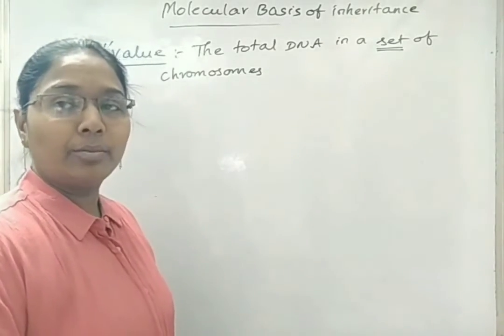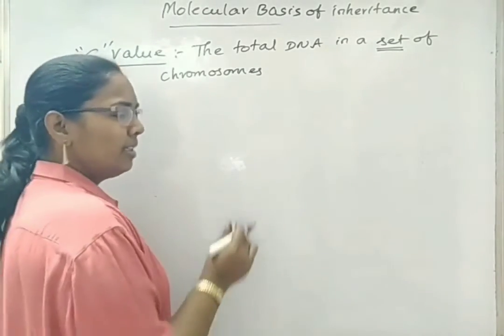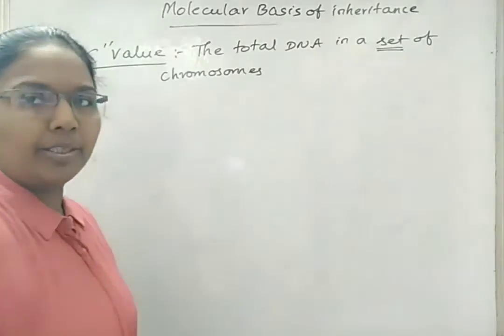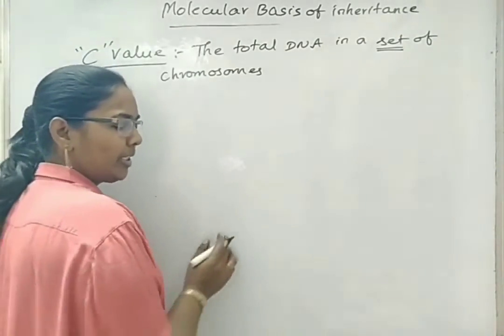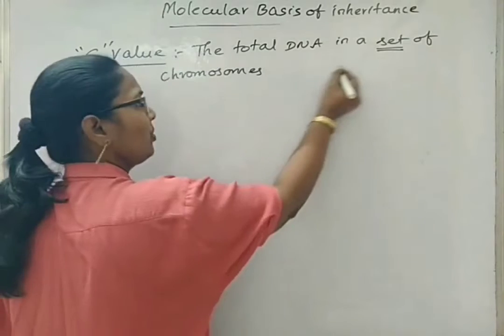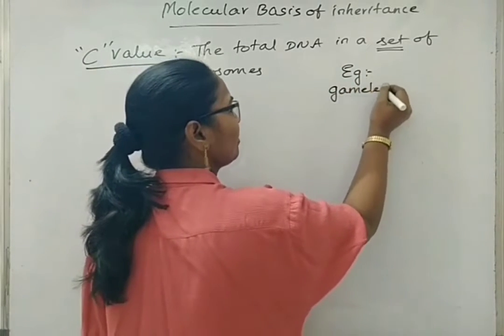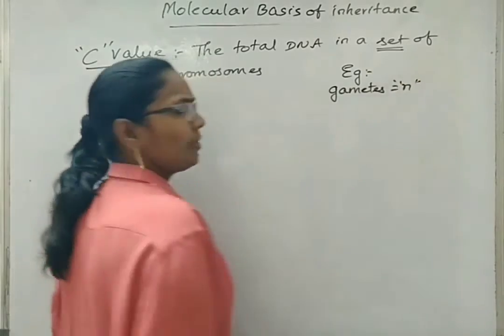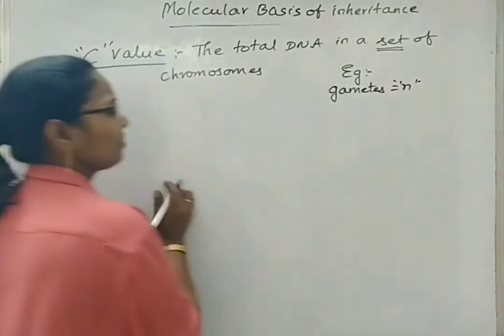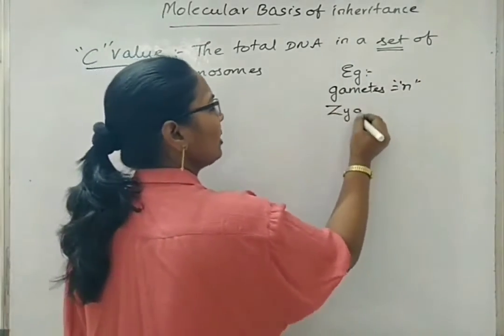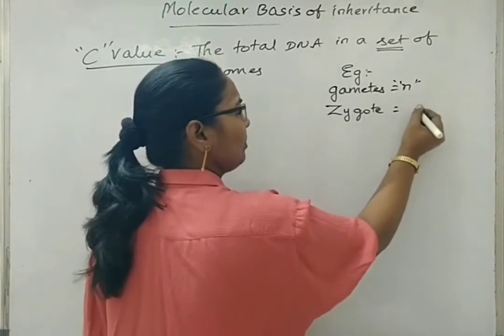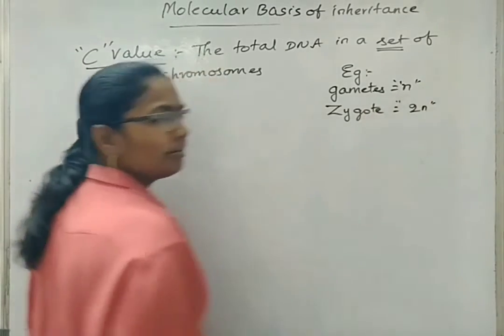Still we have to use a term like one set of chromosomes is present. This is a special type of terminology that we use while reading about genetics. So, for example, gametes have one set that we represent with small n. Again, take zygote, which is diploid in condition, so we write 2n.